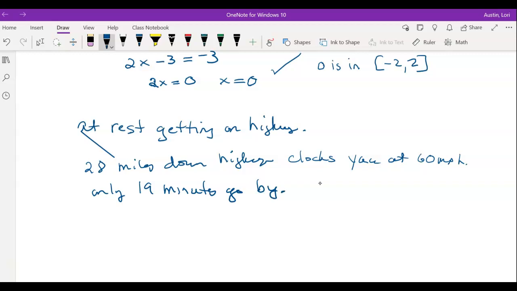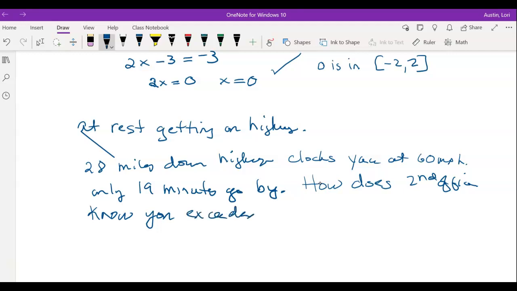How does that second officer know you exceeded the speed limit of 65 miles an hour? It used calculus. All right, it didn't. It probably has a little formula real quick that it knows to do.